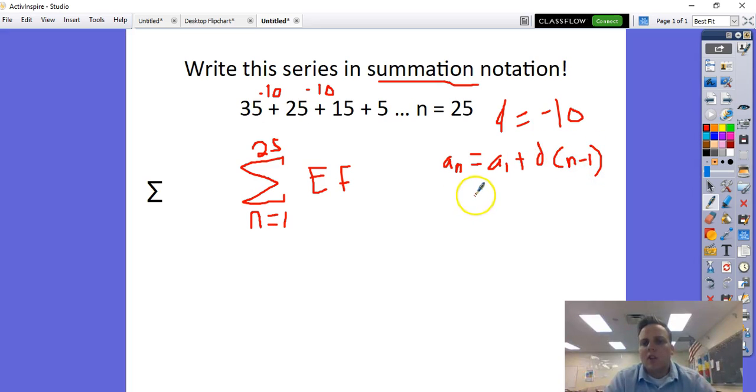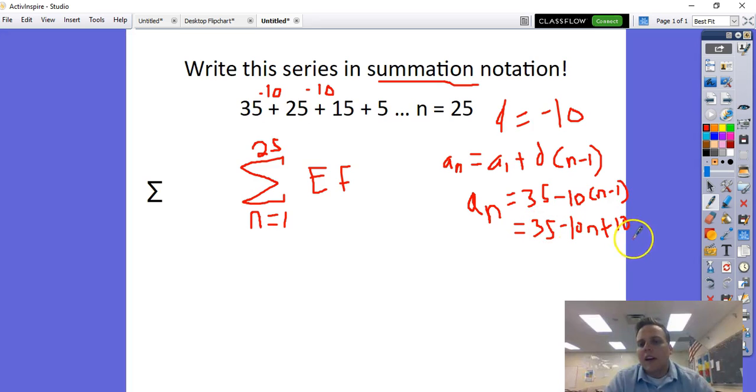So all you have to do is take this a sub n and make it equal to our first term, which was 35, plus d, which was negative 10, so minus 10 times n minus 1. Now distribute the negative 10 to both terms, so you get 35 minus 10n plus 10. 35 and 10 together give you 45, so you get 45 minus 10n.